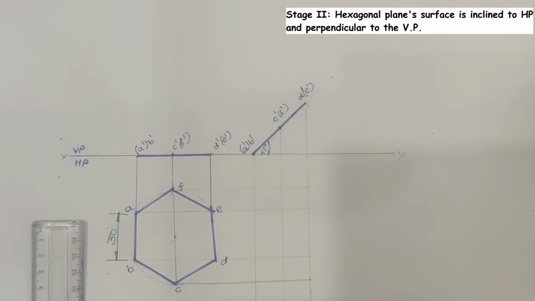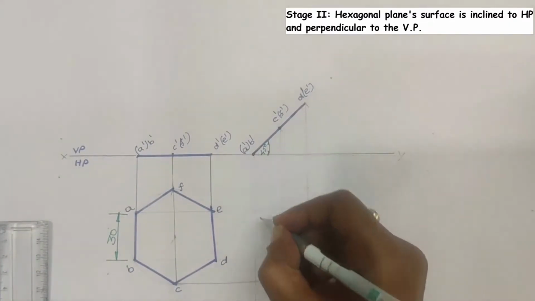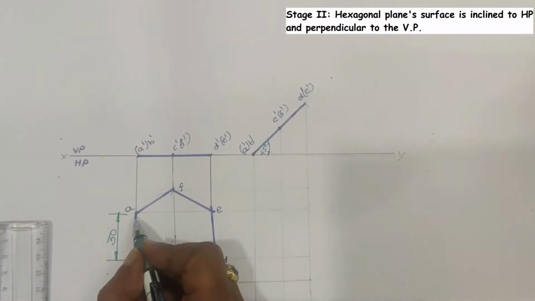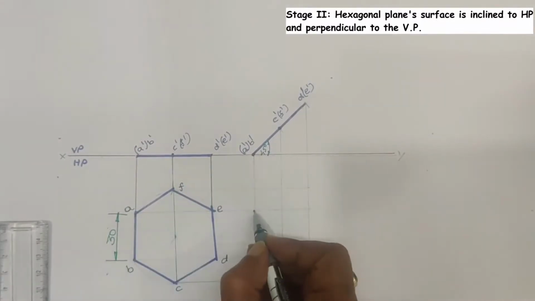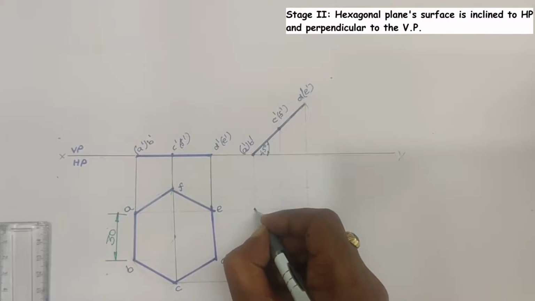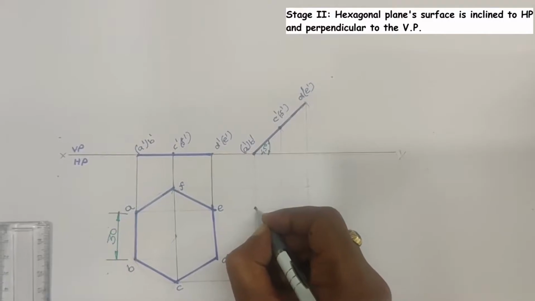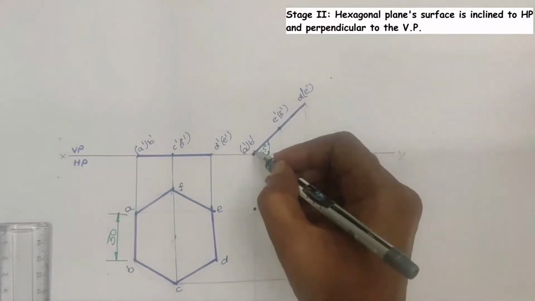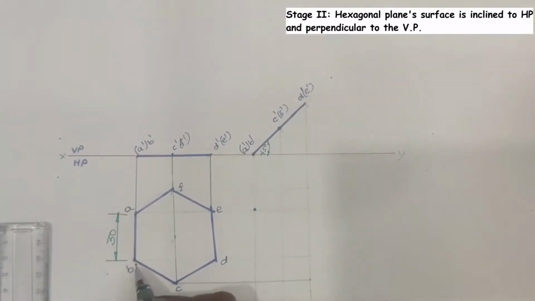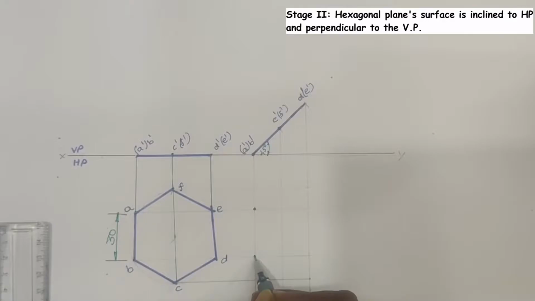After that, locate the intersection points. Here, this is the projector coming from A dash and this is the projector coming from A point in top view. Both are meeting at this particular point and name this point as A1. Similarly, this is the projector coming from B dash and this is the projector coming from B, and both are meeting at this particular point and name this point as B1.